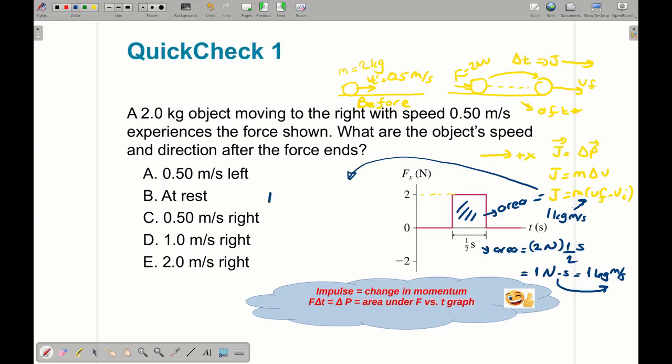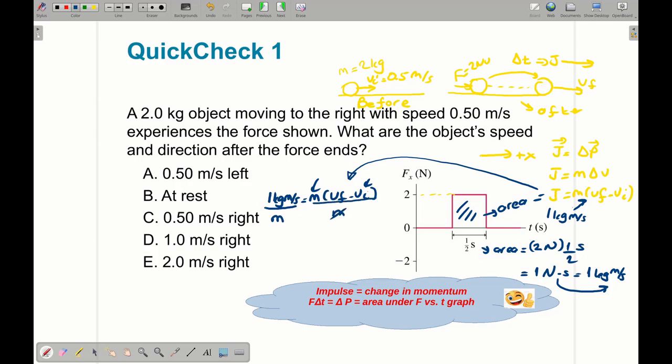Then I have this 1 kilogram meters per second is equal to m times V final minus V initial. I know V initial, I know m, I'm going to solve for V final. So first of all, I'm going to divide each side by the mass.